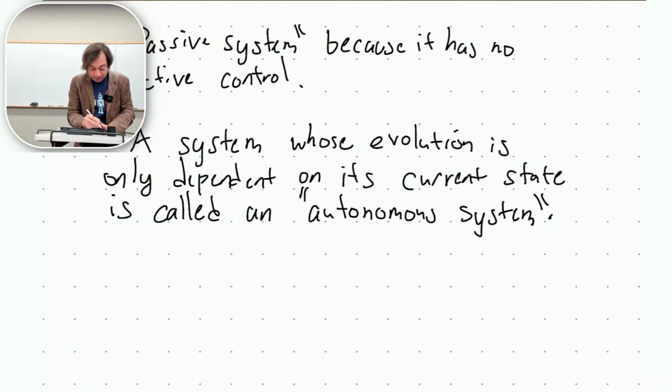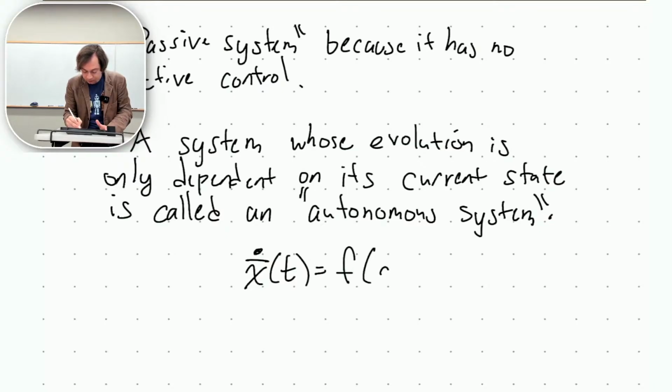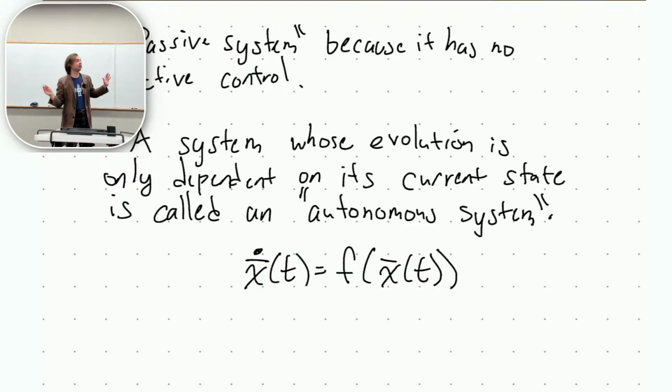And the typical form for that is exactly what I wrote. It's governed by x dot of t is equal to some function of x of t. That's it. And since you basically know everything about how the system is going to move, you can actually say a lot of cool things about it.